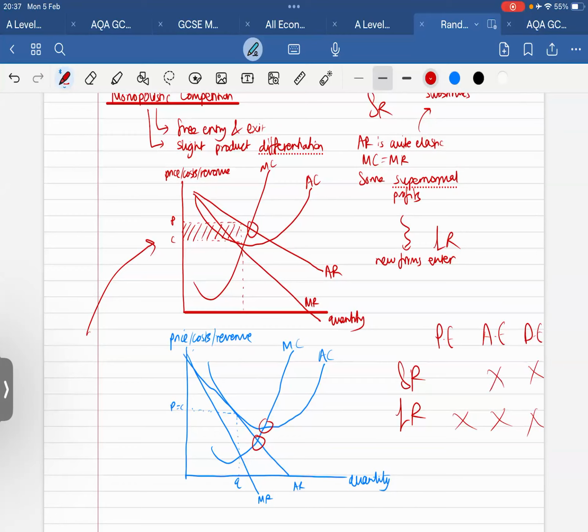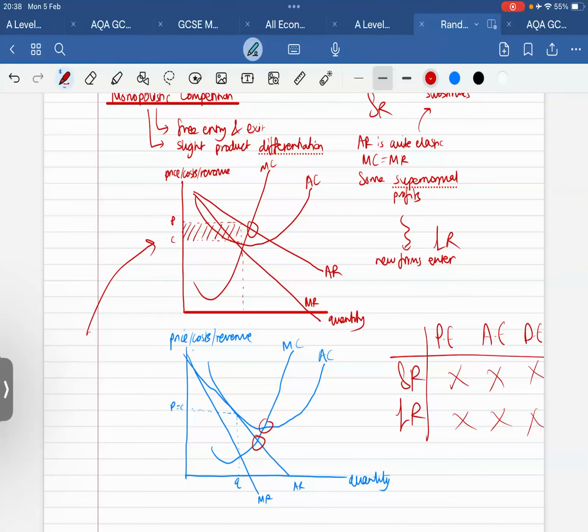So monopolistic competition does not lead to productive, allocative, or dynamic efficiency. Monopolistic competition is a bit different.